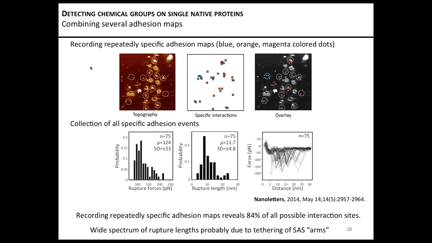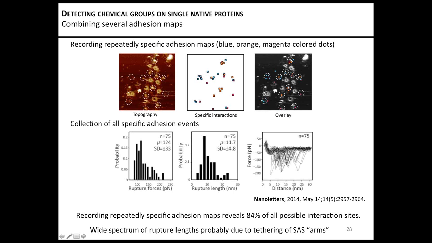And this is why we just decided to image this native protein several times, and then we would look at what kind of distribution of interaction events we have. So this is what you see here. We were imaging this area 3 times, and so now you're combining blue, magenta, and green interaction events.